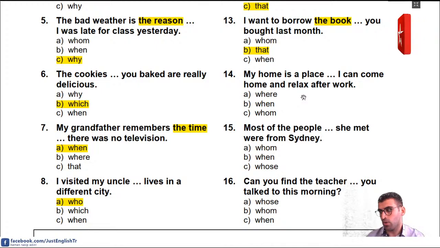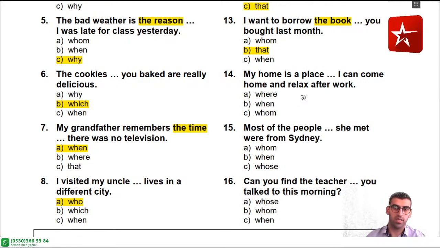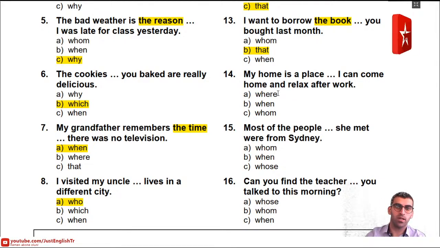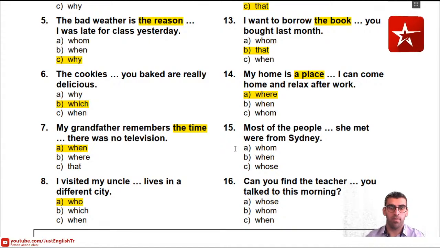Firuze, Tuko, Muhammad Ali, Kadir, Nejat. Yes, all of you are right. Where? Why? Because we are talking about the place. That's why we used where. Most of the people she met were from Sydney. Whom, when, or whose. Number 15.